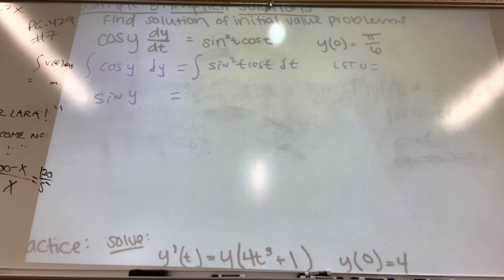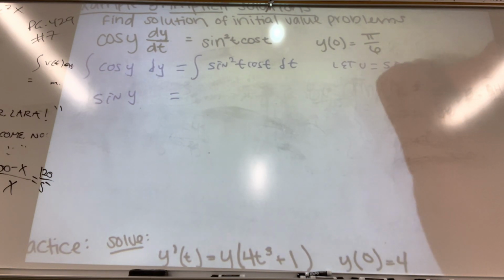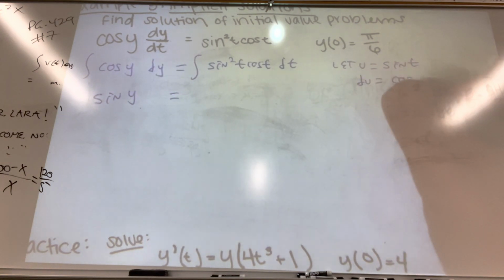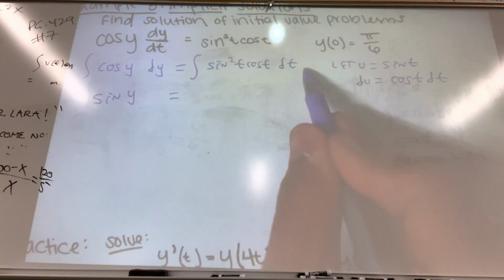You got it? Okay, so what does u equal? Sine of t. Why? Because we get cosine t dt. And cosine t dt is here.